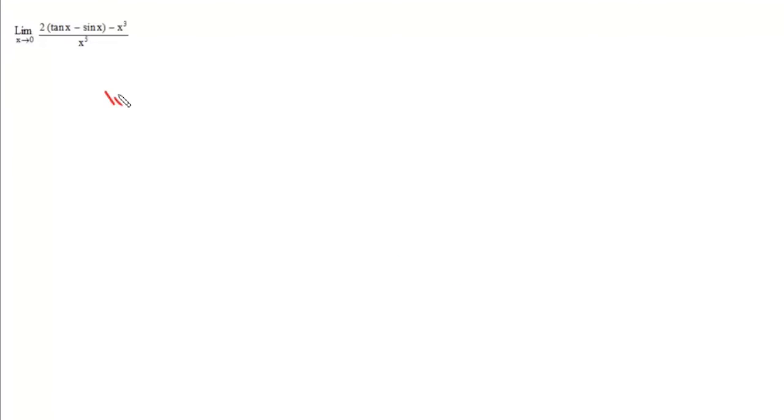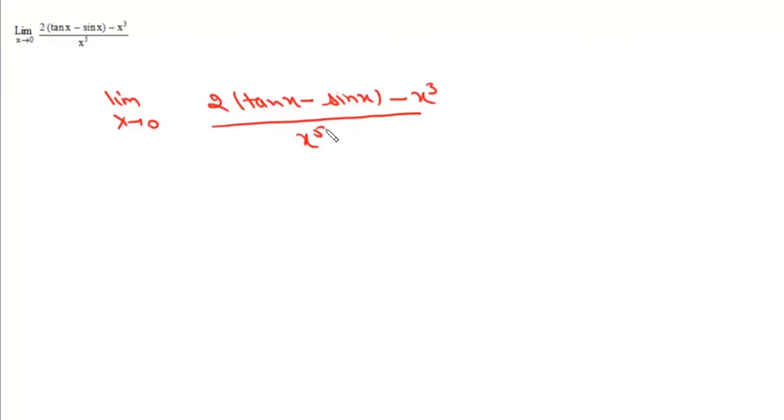Now the question is limit x tends to 0 of 2 tan x minus sin x minus x cube upon x to the power 5. Now we'll use series expansion in this.